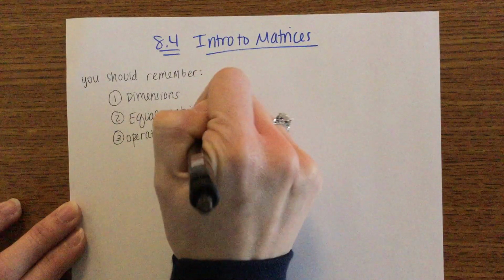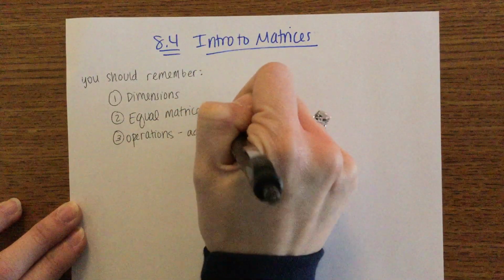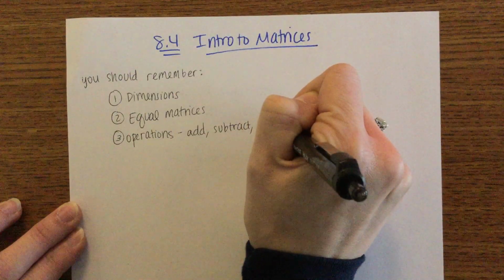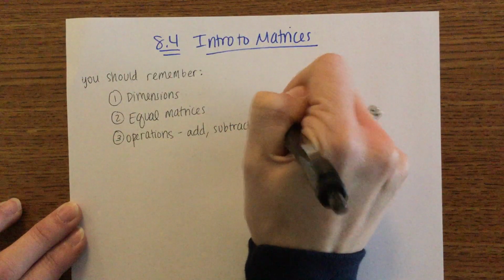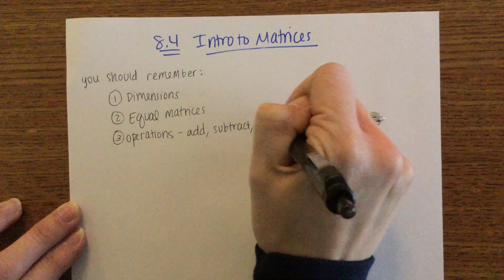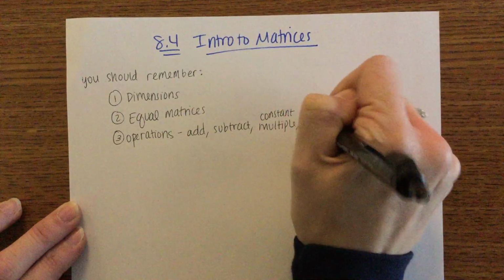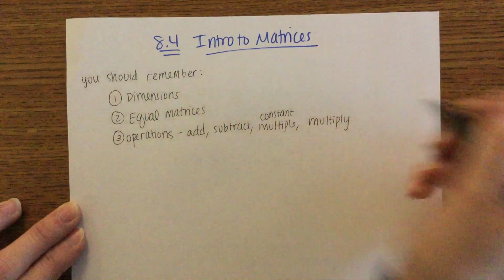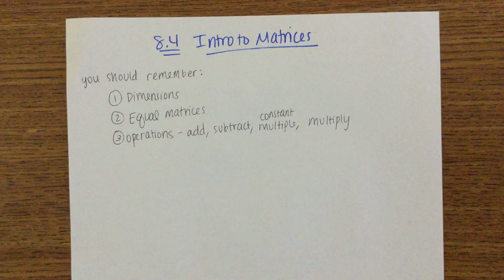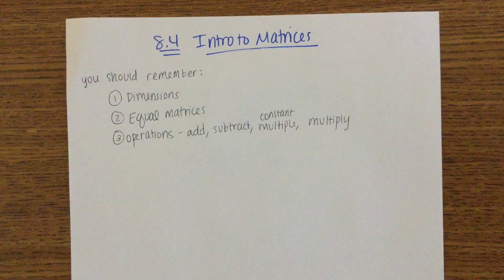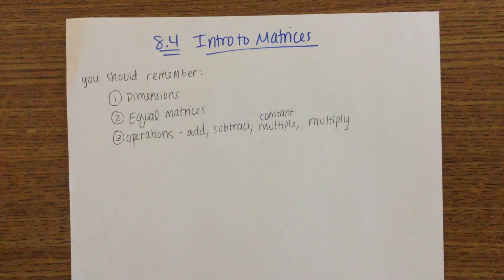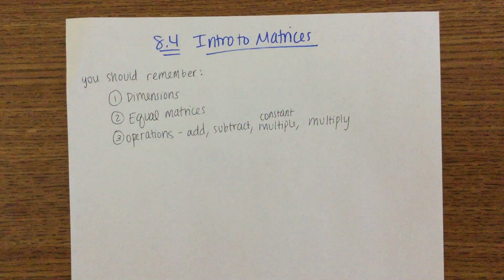You should remember how to add matrices, subtract matrices, how to multiply a matrix by a constant multiple, and lastly, how to multiply two matrices. If you don't, go look it up. Sound good? Okay.